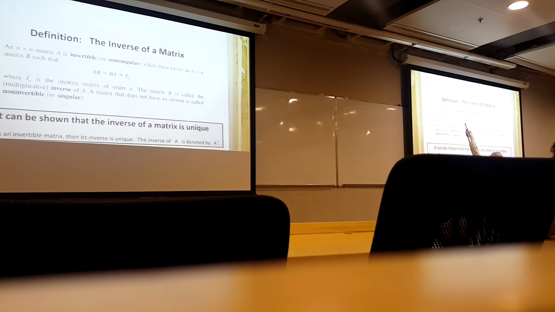For any other matrix, if you can find another one which you multiply together and it produces the identity, then we say these two matrices are inverse to each other. And it can be shown that the inverse of a matrix is unique. It means a given matrix, if it has an inverse, then it must be that one.